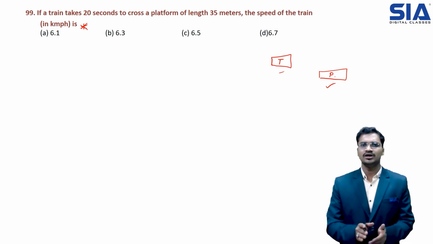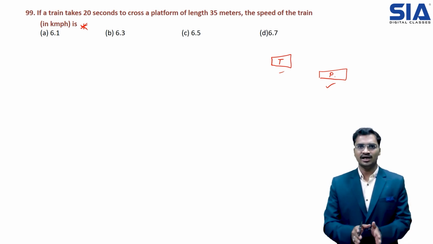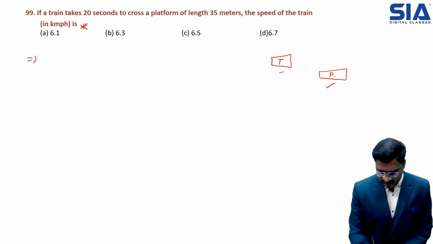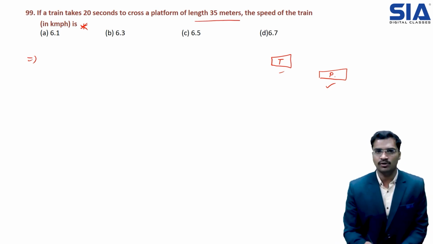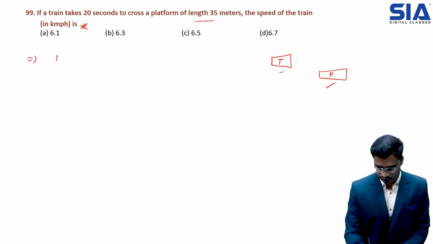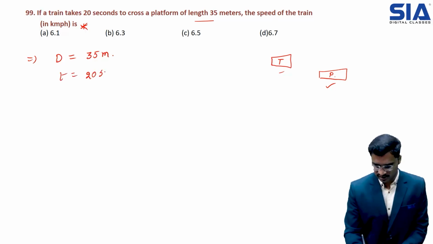So let us solve the question with the data which is given here. The length of the platform is 35, so the distance is 35 meters and the time is 20 seconds. Speed is distance by time.